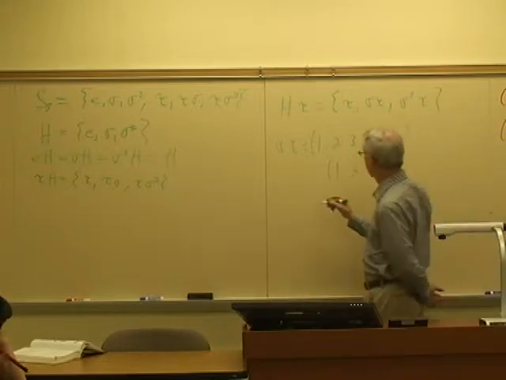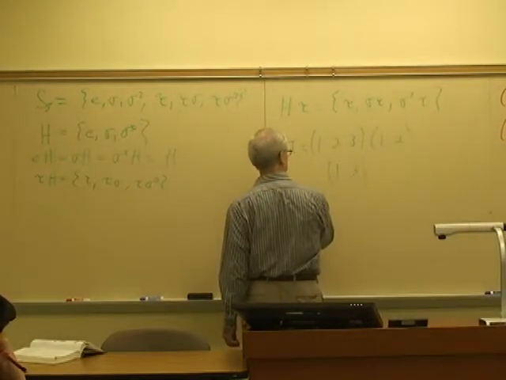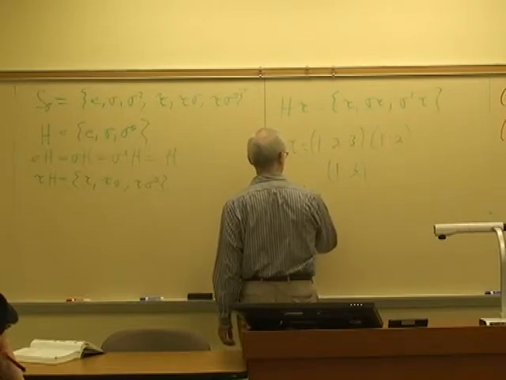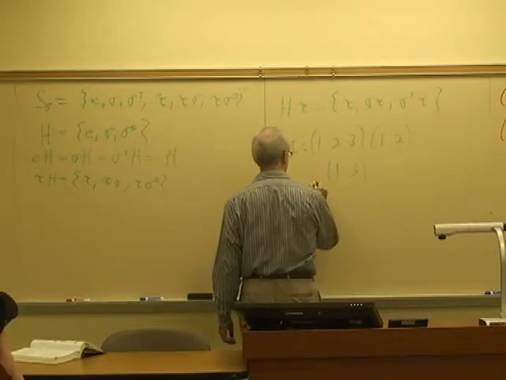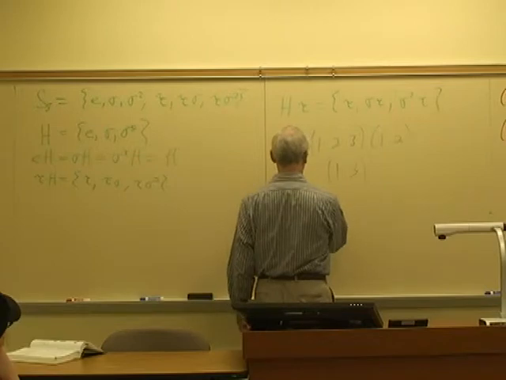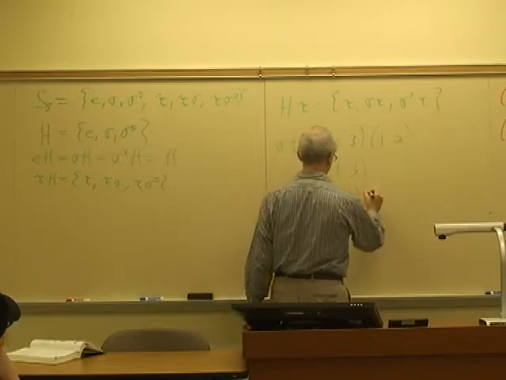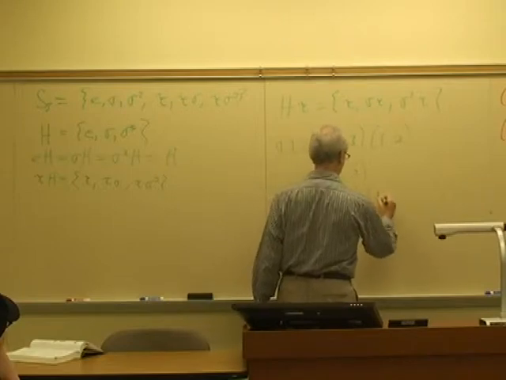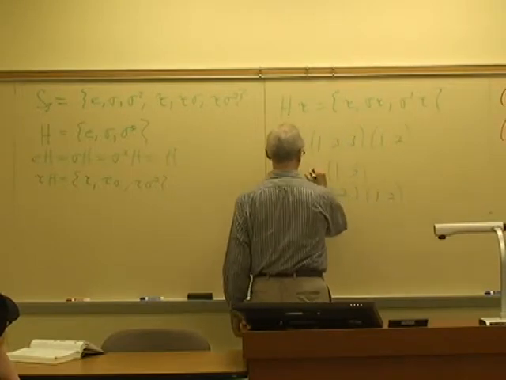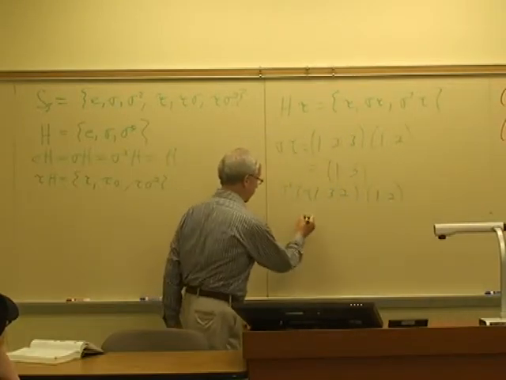And let's compute the other one. Sigma squared tau. Well, we have sigma squared up there. It's 1, 3, 2. And then tau 1, 2. So where does this send 1?